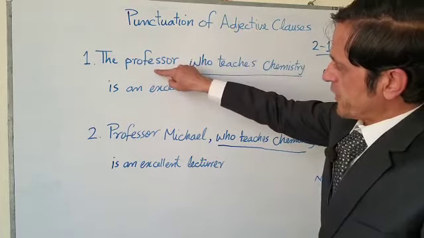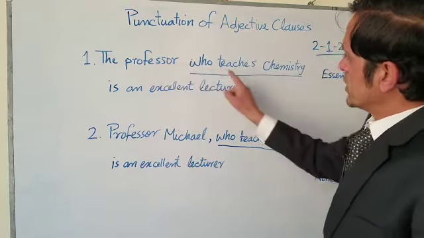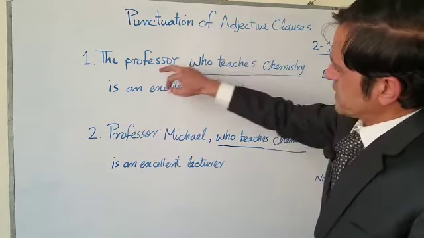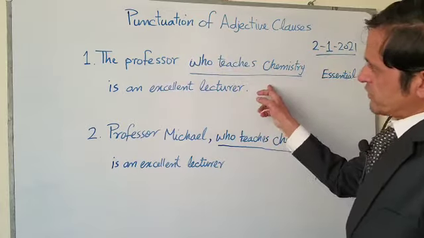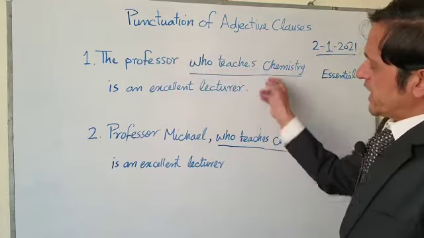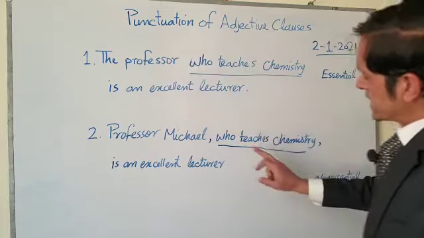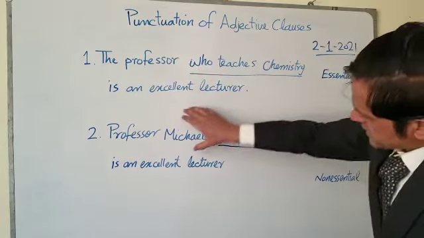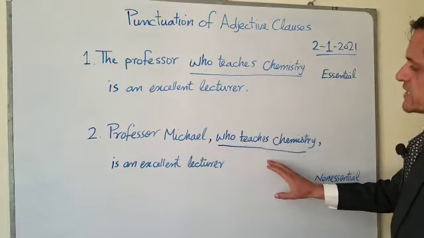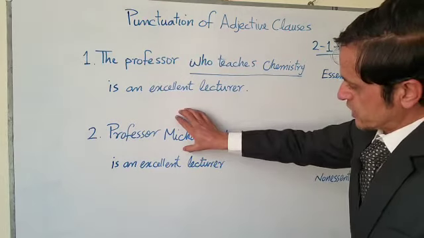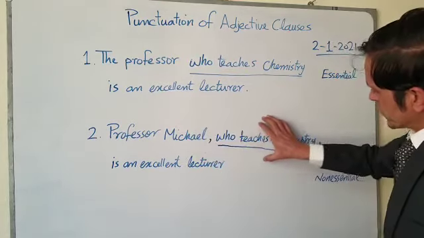In one case, this adjective clause identifies this noun and modifies it. In the other, it modifies the noun but does not give identification; it gives just more information.